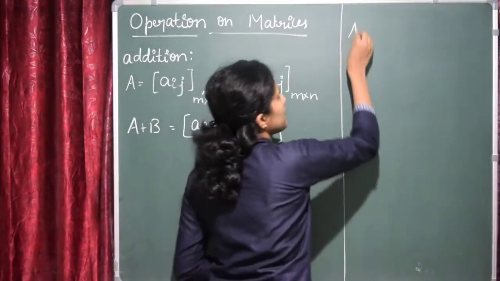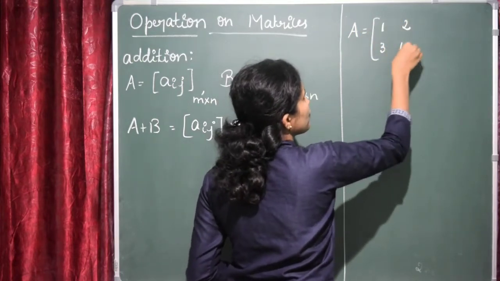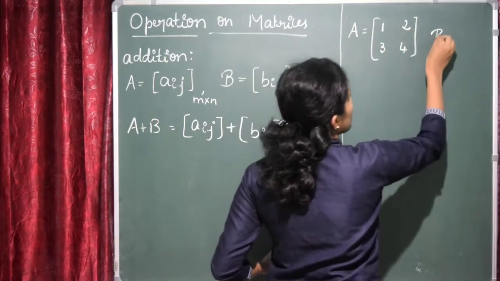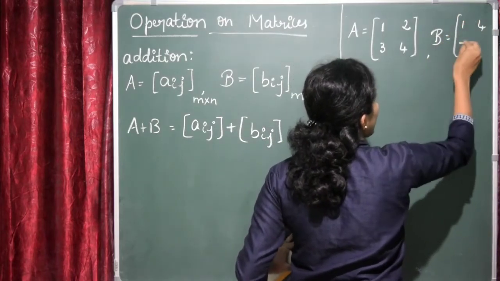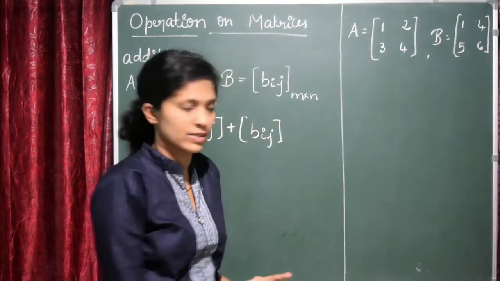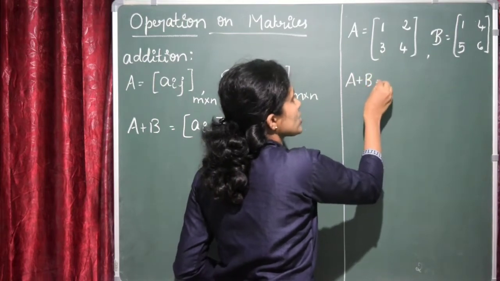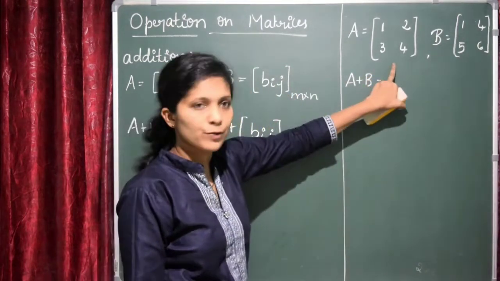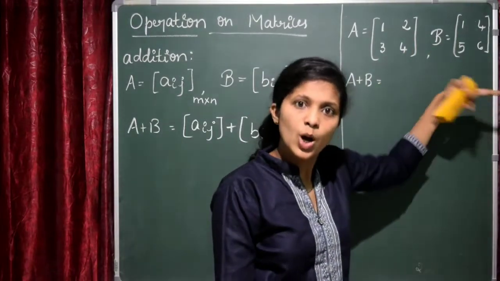For example, let me consider A is equal to 1, 2, 3, 4 and B is equal to 1, 4, 5, 6. Now we have to add these two matrices, that is A plus B. Before adding, you have to check the order of the matrices. Order of this matrix is 2 by 2, a square matrix. Order of this is also 2 by 2.